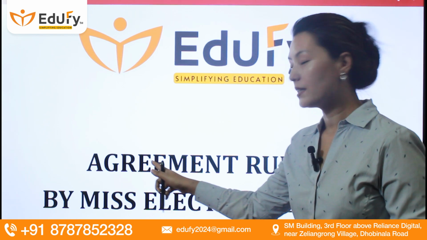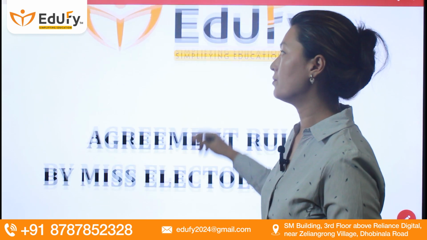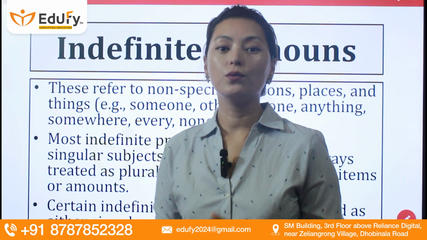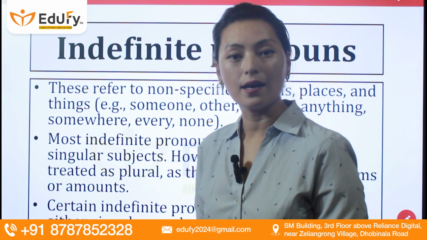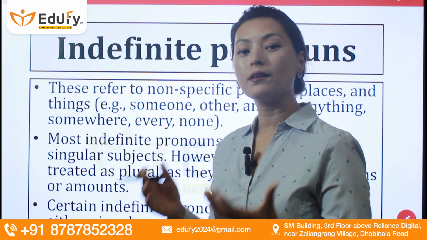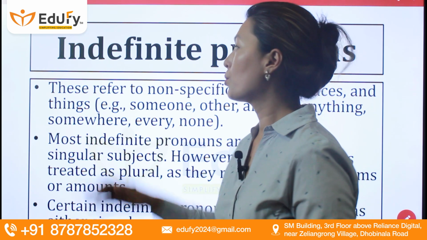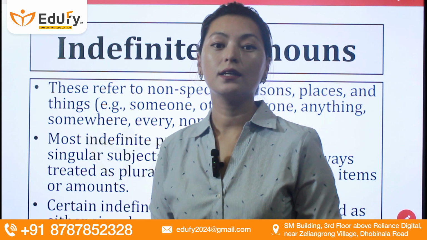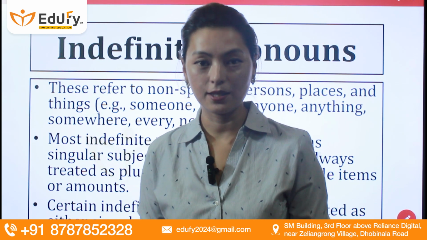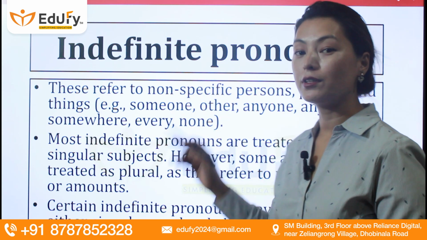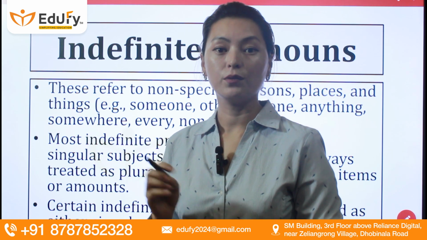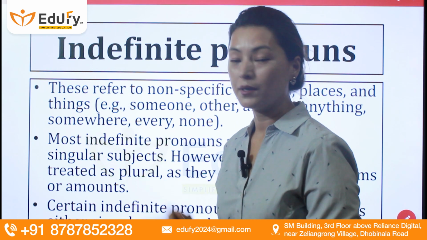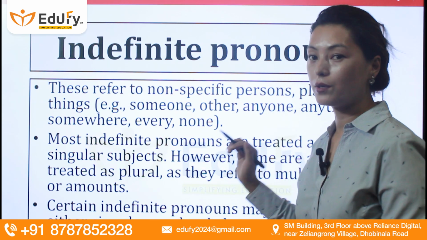So these are agreement rules, and we will now focus on the rules that we have to follow when we have indefinite pronouns as the subject. So what are indefinite pronouns in grammar? Pronouns are words that are used to substitute a noun, words that are used instead of a noun, in place of a noun. Indefinite pronouns are one of the types of pronouns.